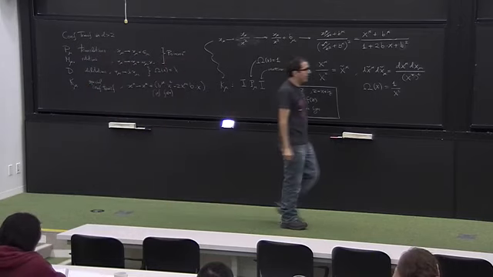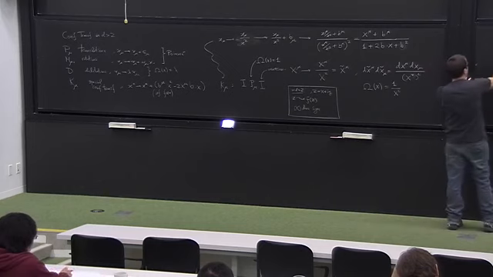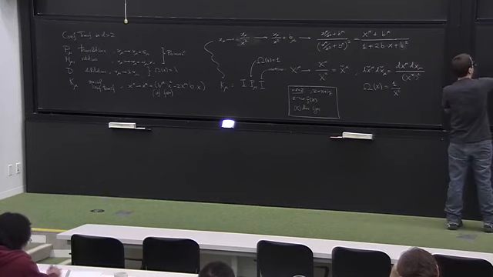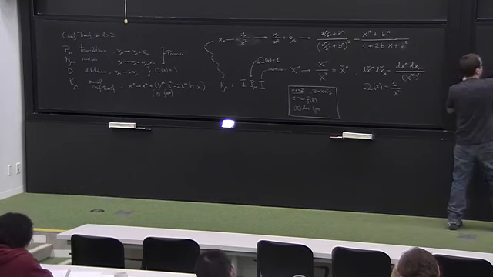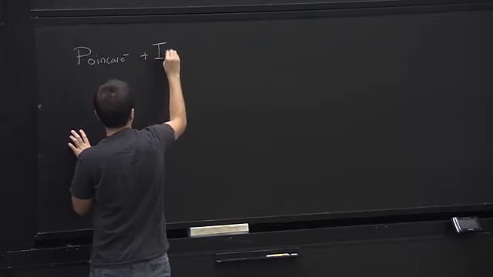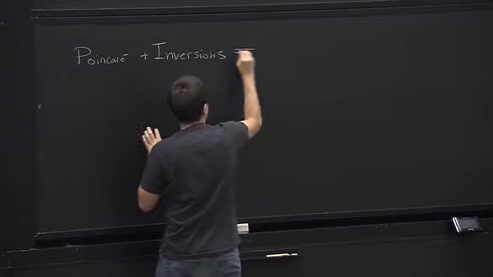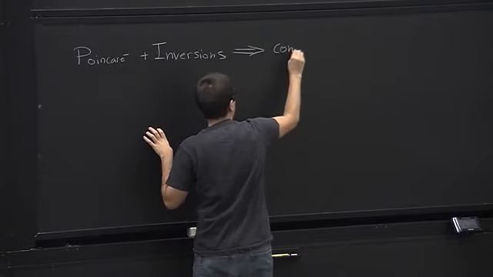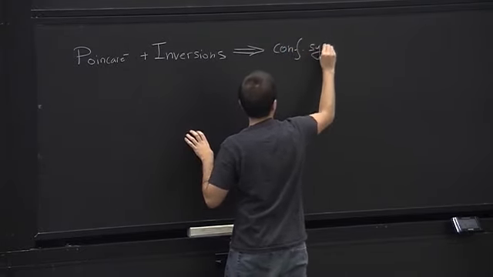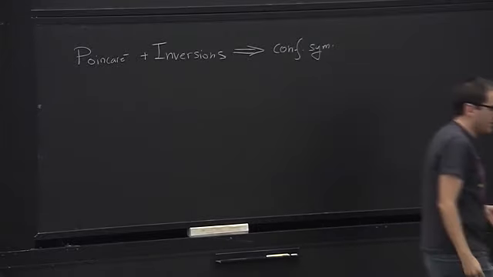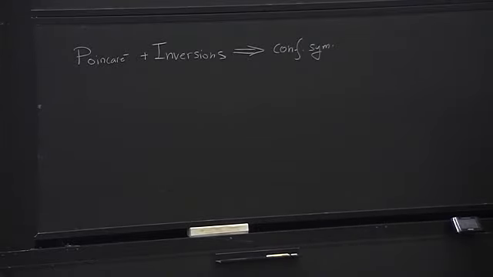So Poincaré plus inversion implies that you have a conformal theory. So the real new guy is this inversion. This is the real special guy. Now the opposite is not true, but in practice it is. For scalar theories, for example, it is true. But more generically, it is not.